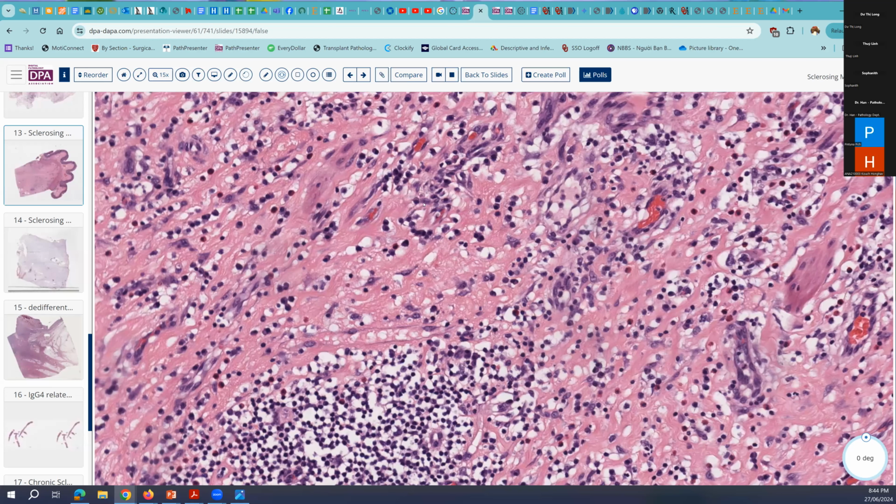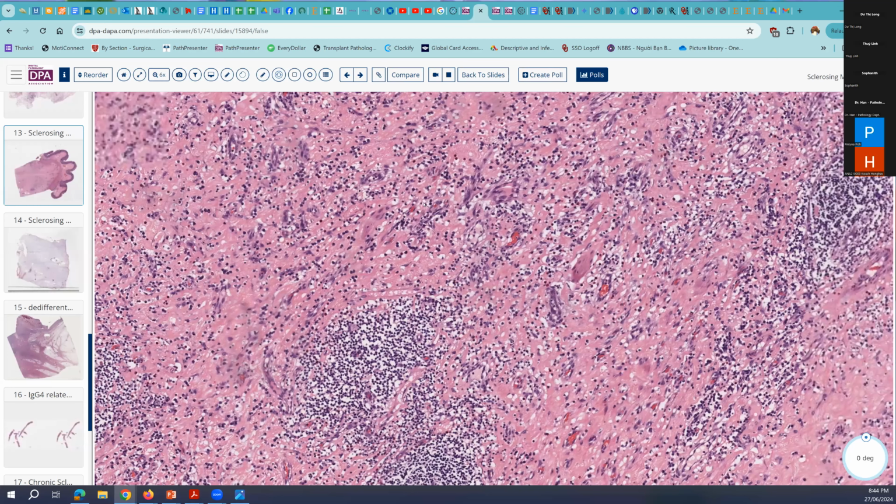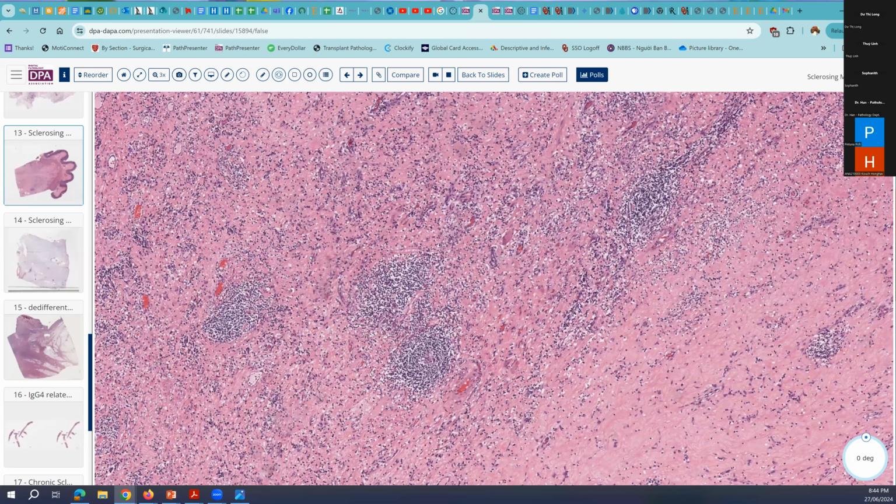Now, really the best way to make that diagnosis is to do immunohistochemical staining for IgG and IgG4. And that should highlight the plasma cells that have those proteins.